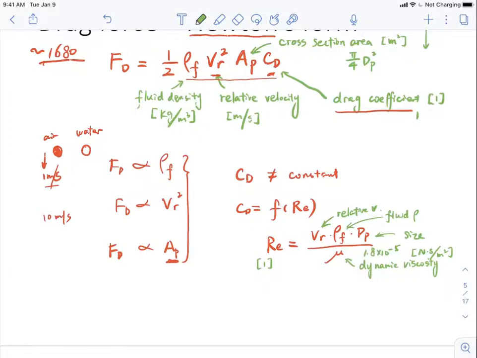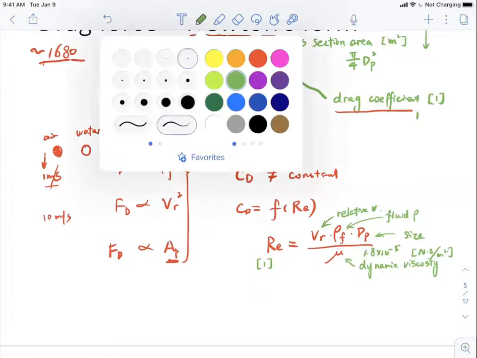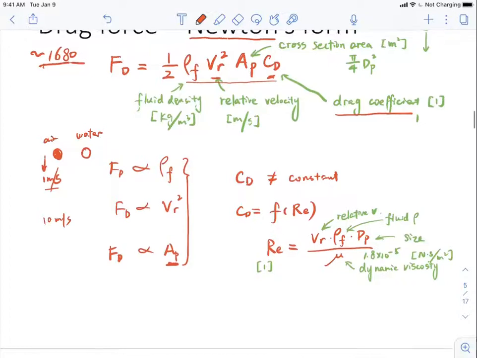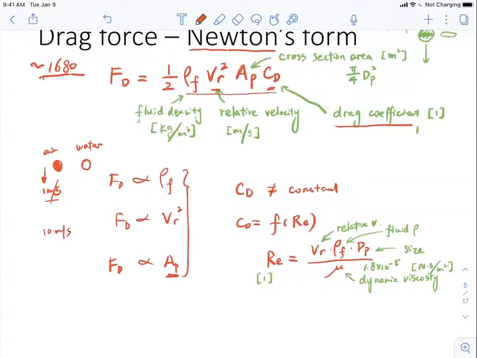Okay, so then actually we can find out why Newton decided to use a constant for this drag coefficient. If you consider the objects that he dealt with in his era, normally the size of the objects are pretty large.